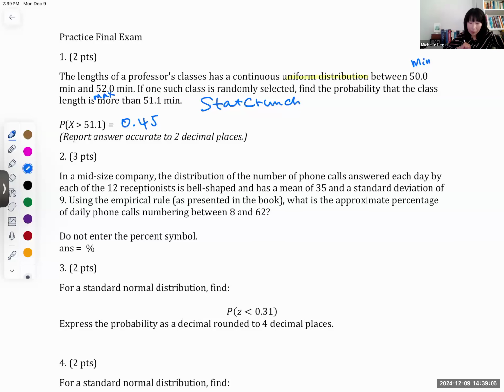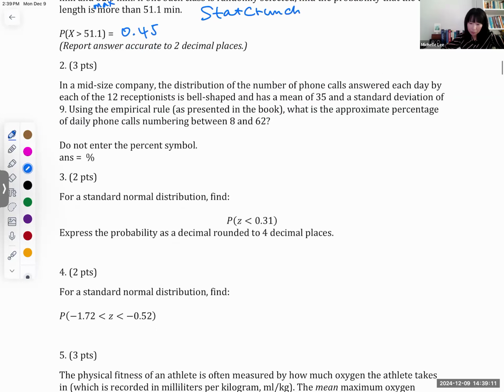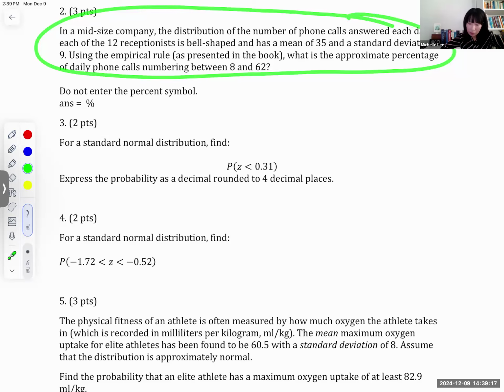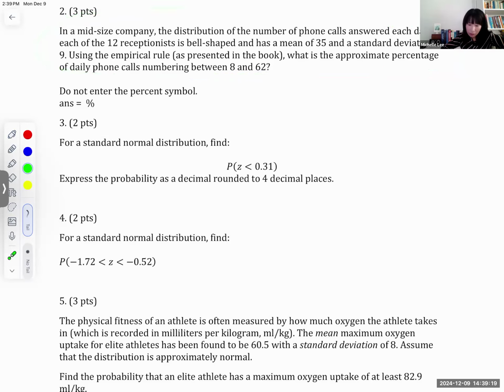All right. Now, number 2. Take a look. They talk about the bell shape. It has mean 35, standard deviation 9, and 12.